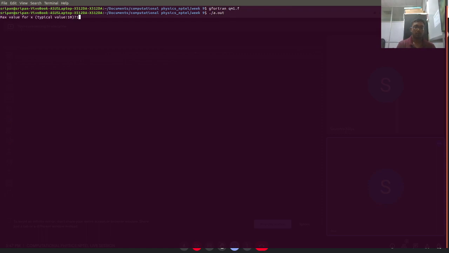Let's say this is 10 number of grid points. Let's say this is anything. It will be 0 because we are asking for the ground state energy. So the trial energy will be given as 0, because then it will ask the code to find out the energy by the bisection method.